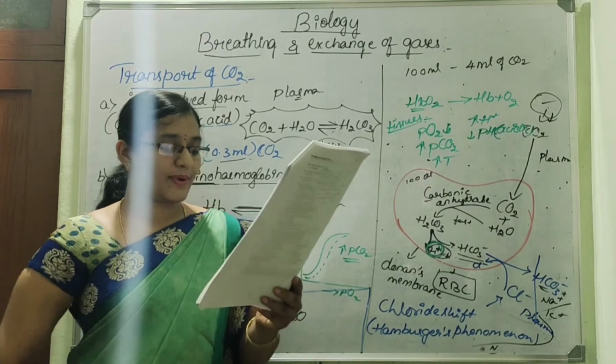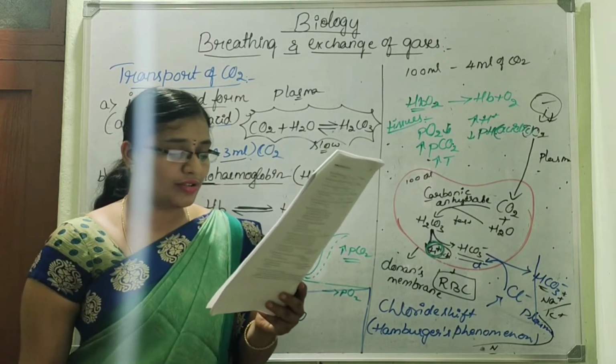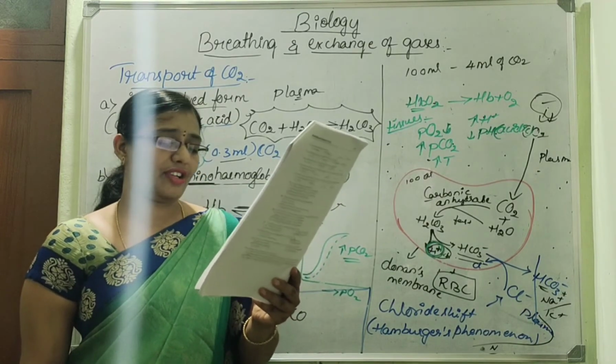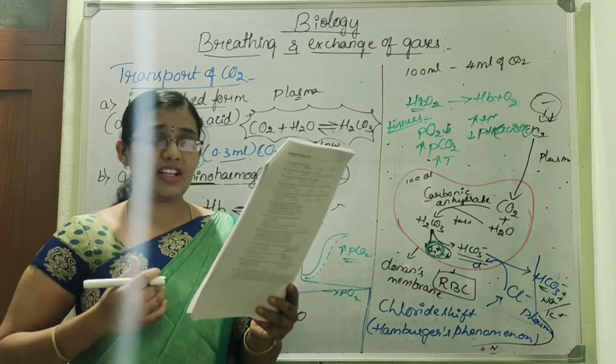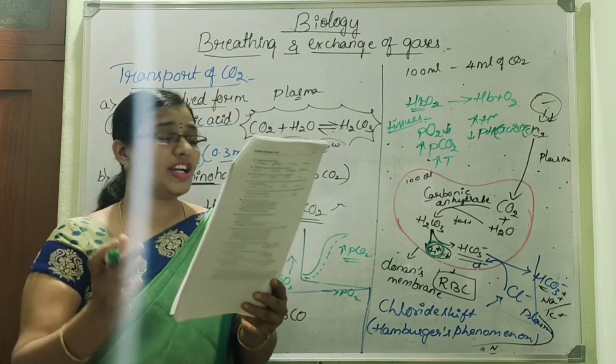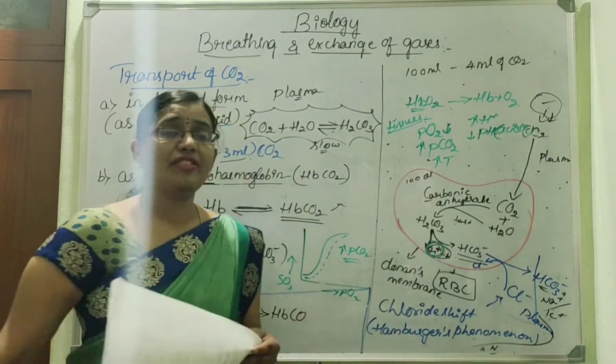Next, a large proportion of oxygen is left unused in the human blood even after the uptake by the body tissue. So even after the uptake by body tissue, a large portion of oxygen is left inside the tissues.